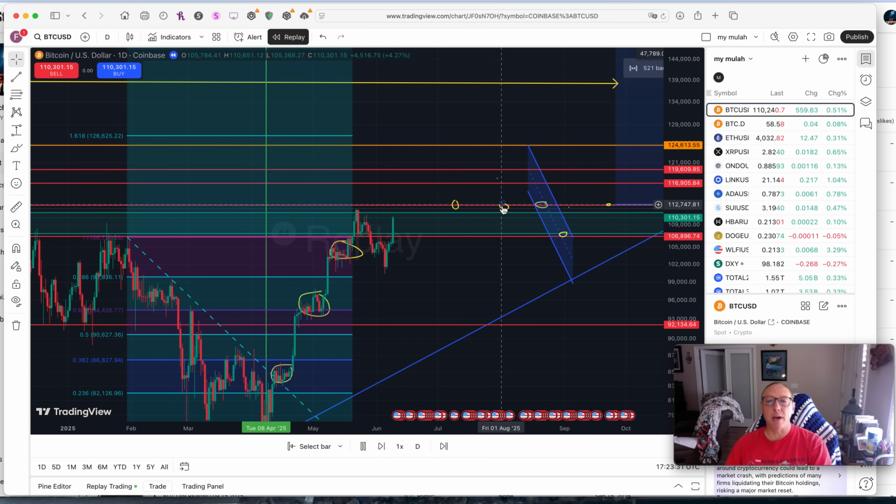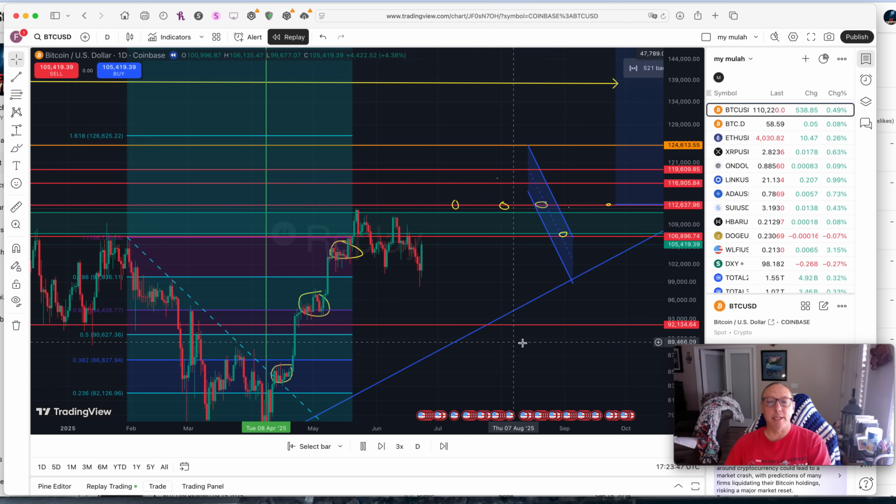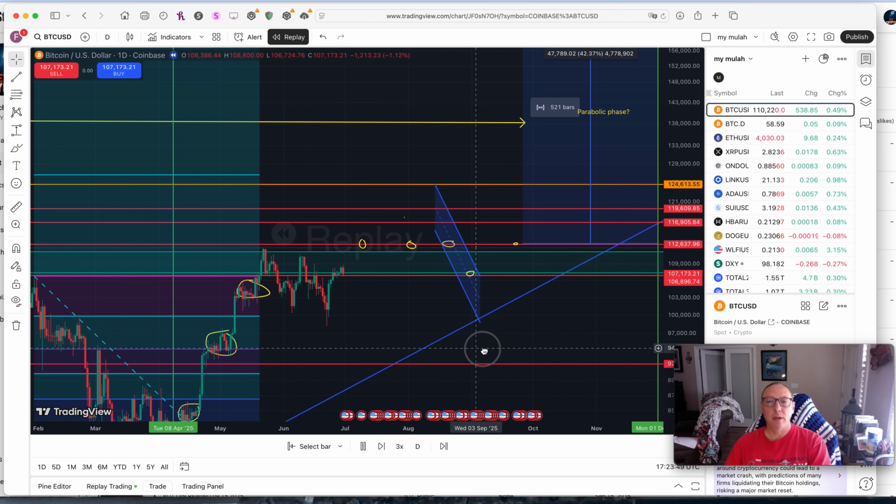Like I said, these are not randomly plotted price points. And we can speed this up a little bit so you can see it reach those levels that we have plotted.